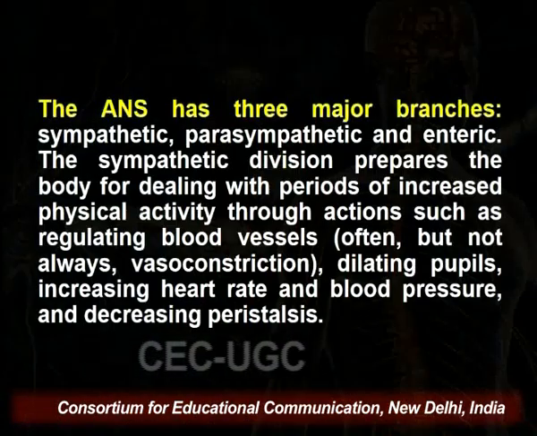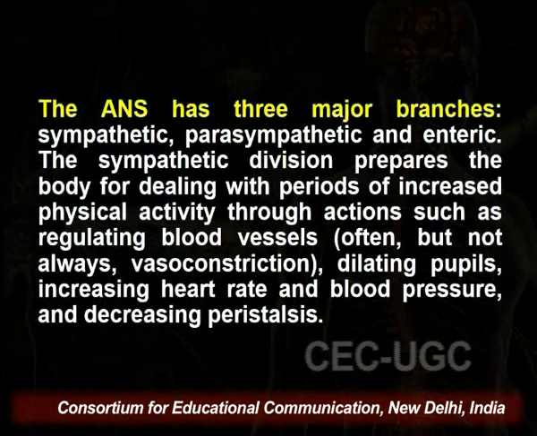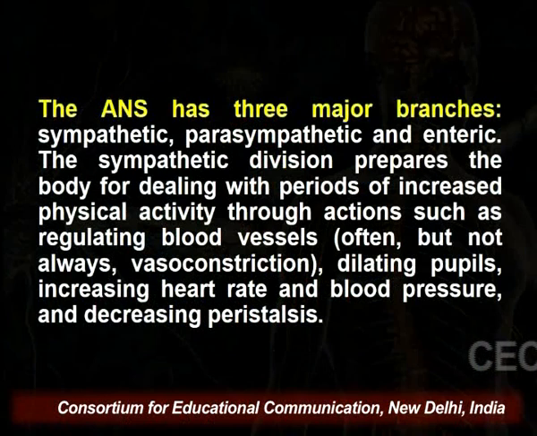The portion of the nerve before the ganglion is referred to as preganglionic and carries the impulse towards the cluster of cell bodies. The portion located from the ganglion onward is called postganglionic and carries the impulse away from the cell body. So the ANS has three major branches: sympathetic, parasympathetic, and enteric.